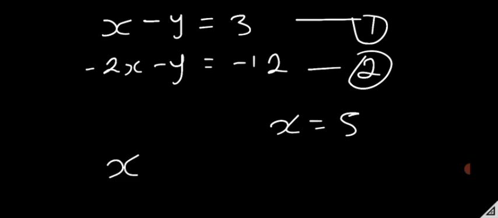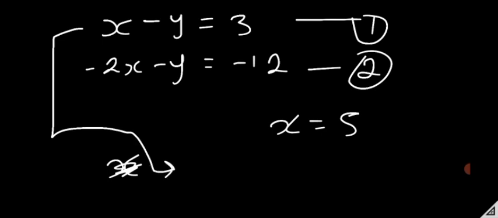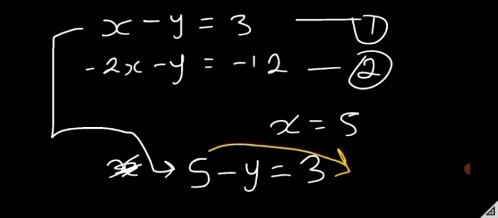This becomes x. So instead of writing x, I put 5 in place of x, right? So that becomes 5 minus y equal to 3. So when 5 crosses to the other side, y is equal to 3 minus 5, right?